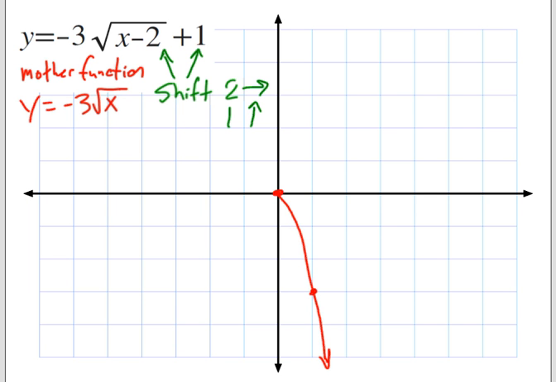Let's move the first one 2 to the right and 1 up. That's the 0, 0, moved over 2 to the right, 1 up. And my 1, negative 3 is going to move 2 to the right and 1 up. So my new graph starts here and goes like that.